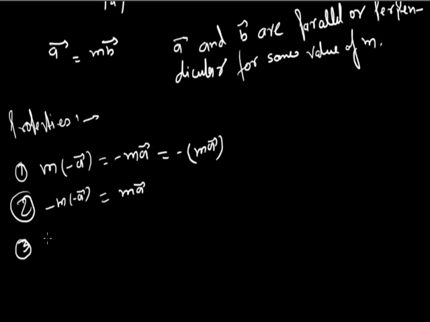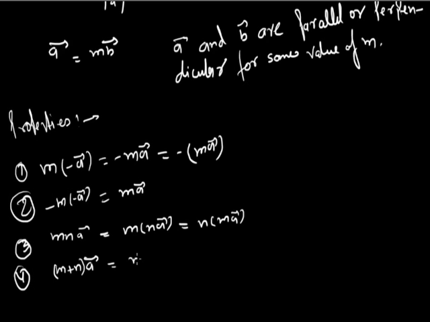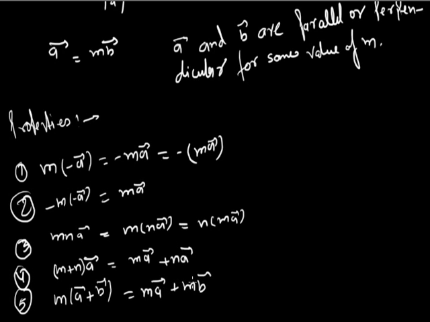Third, m n a vector equals m of n a vector equals n of m a vector. Fourth, m plus n a vector equals m a vector plus n a vector. And m times a vector plus b vector is m a vector plus m b vector.